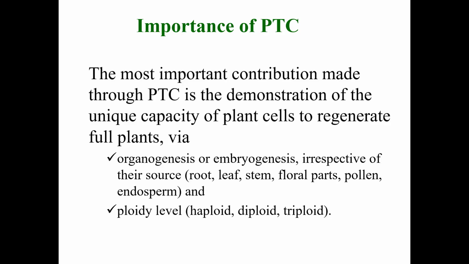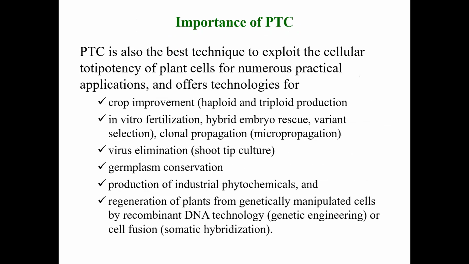You can even fuse cells and make diploid, triploid, or like that. So plant tissue culture is the best technique to exploit the cellular totipotency of plant cells for numerous practical applications and offers technologies for crop improvement.